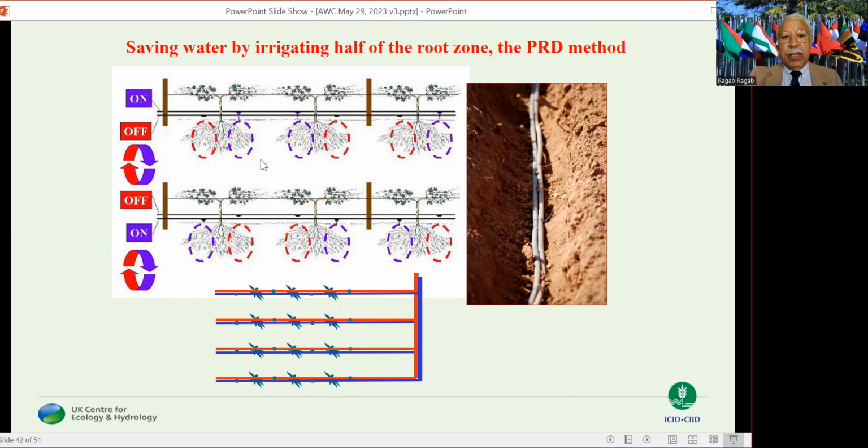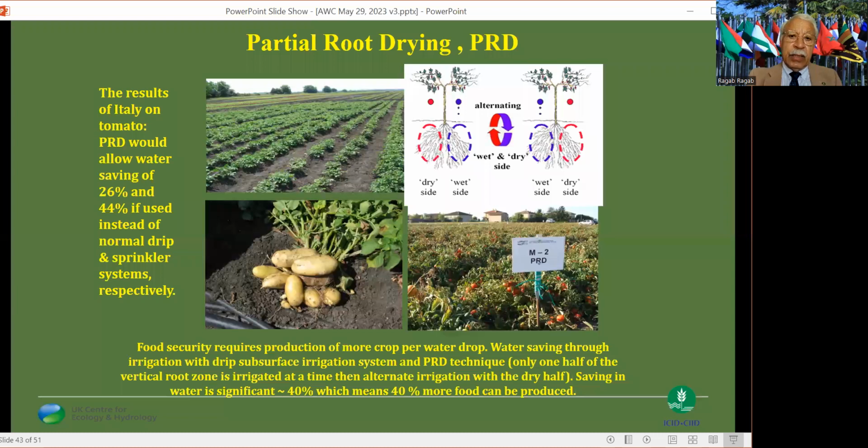So at any time, we only irrigate half of the root zone and we alternate from one side to the other. And that actually allowed us to save about 26% water compared to the classic or conventional drip irrigation. When compared to sprinkler irrigation, we can save up to 44%.